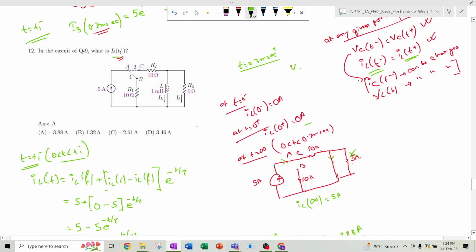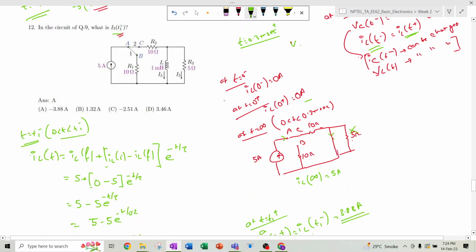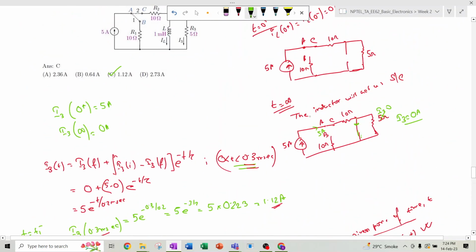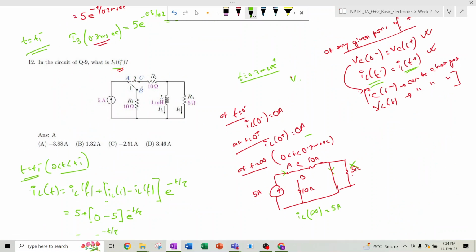So after this t1 plus, as I have already discussed, the circuit becomes such that A and B again connect with each other and A and C is disconnected.